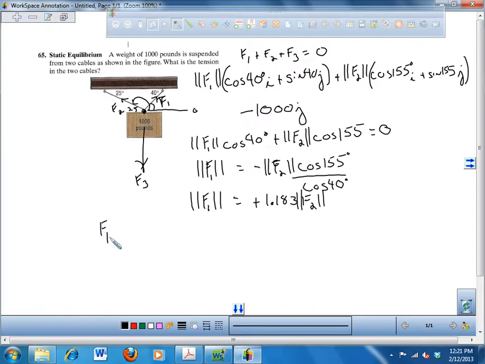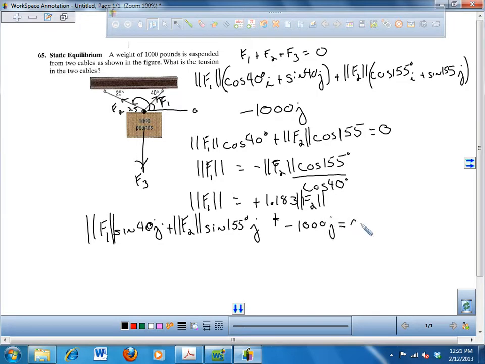So I'm going to go force 1 times the sine of 40 in the j direction, plus force 2 times the sine of 155 in the j direction, plus negative 1,000 in the j direction.